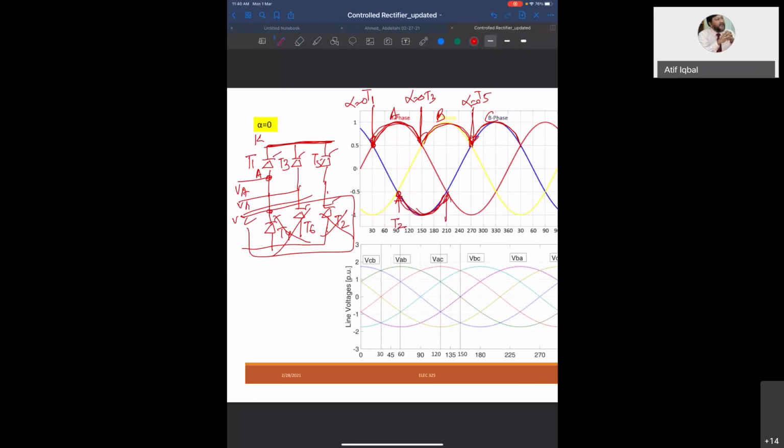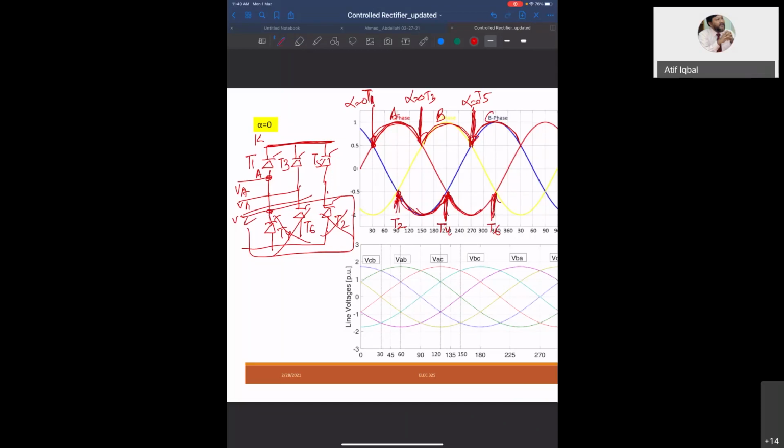And then this is the point for phase A. Which thyristor should start conducting from here? What is the reference point? T4. And then this one, T6. So this is T1, the next is T2, the next is T3, the next is T4, the next is T5, and the next is T6. This will be the sequence of operation for all the thyristors.